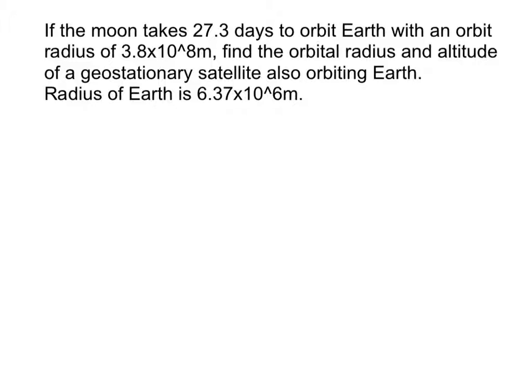So this comes back to the second of those equations that we derived before, which had r cubed over t squared as being a constant. So that was equal to GM over 4 pi squared, which is just a constant.